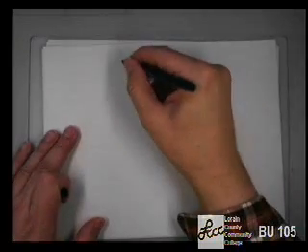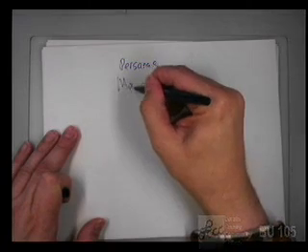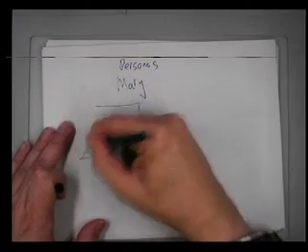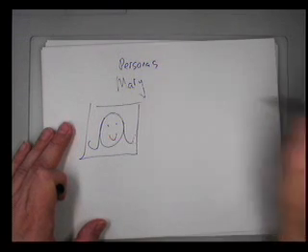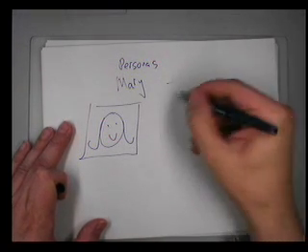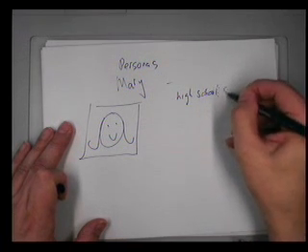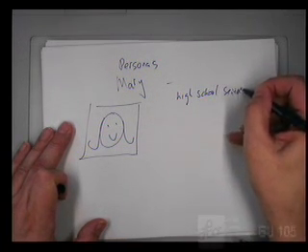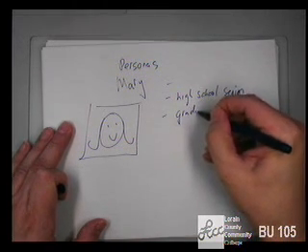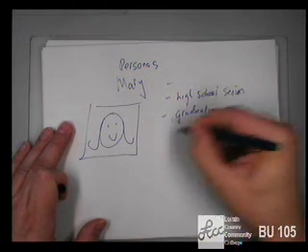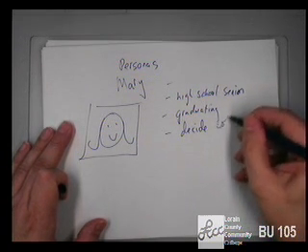For example, maybe one of your personas is Mary. You might even get a picture of her. All right? And you might say Mary is a high school senior who's going to be graduating and is trying to decide where to go to college.